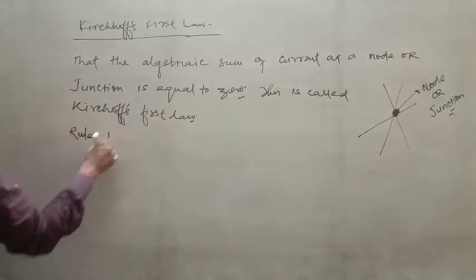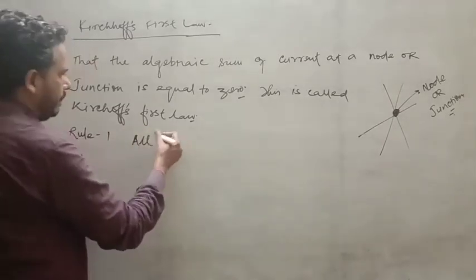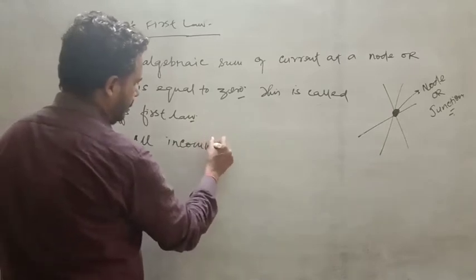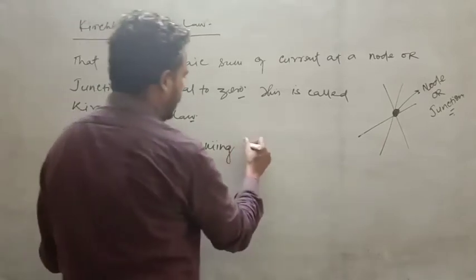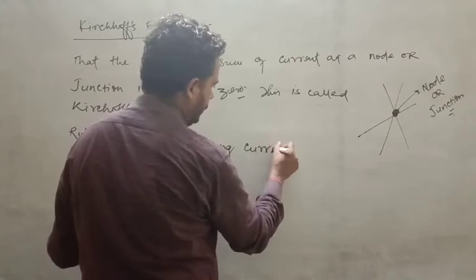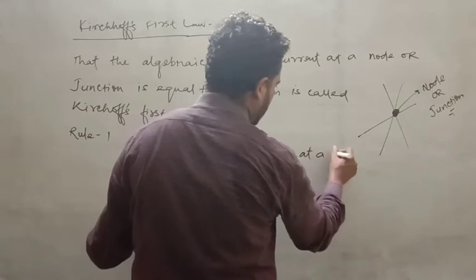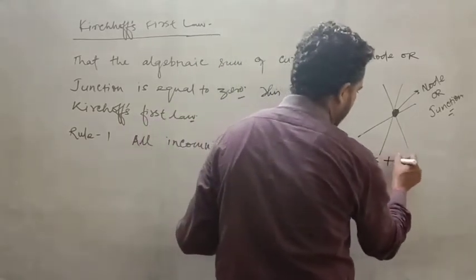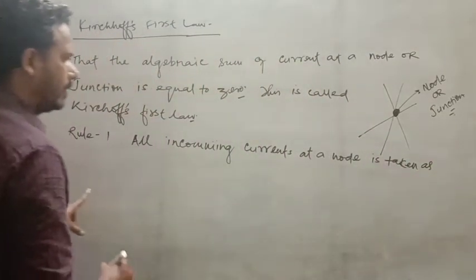Rule 1: all incoming currents at a node are taken as positive.